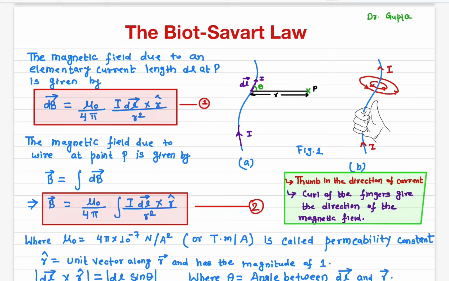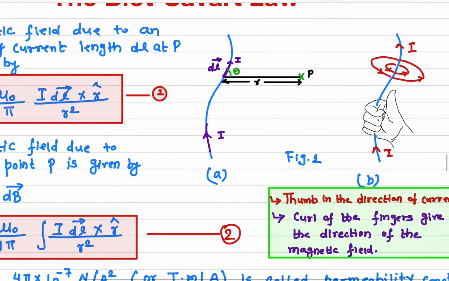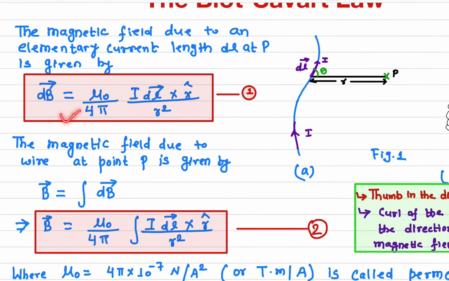So what does the Biot-Savart law tell you? That the magnetic field at this point P, due to any elementary structure or a tiny length, here remember we are first calculating the magnetic field due to this tiny segment at point P, is given by this equation here.